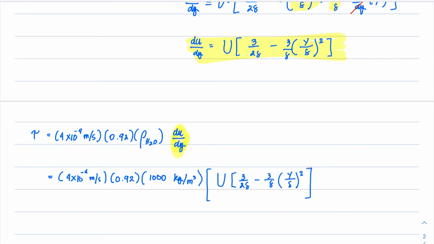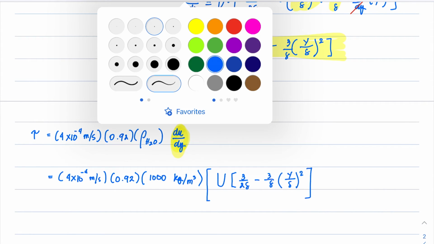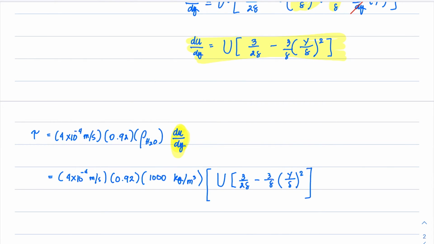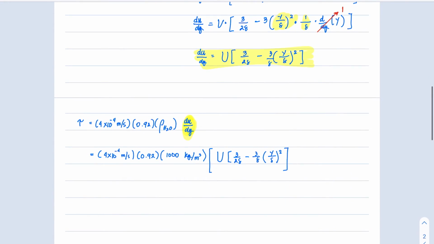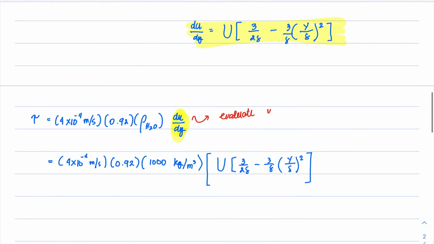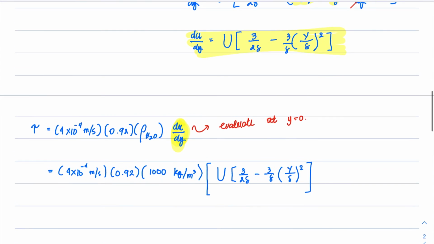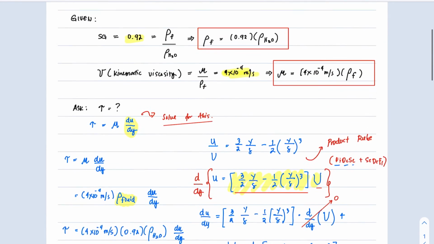Now, what I would emphasize at this stage is to realize, class, that this is actually telling us that we need to evaluate whatever your expression for velocity gradient is at y equal to 0. Why is that so?